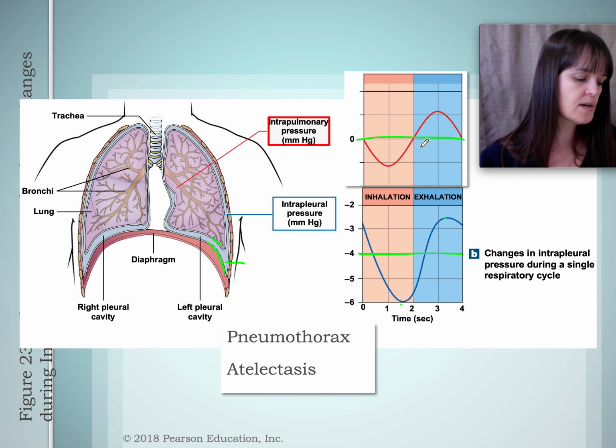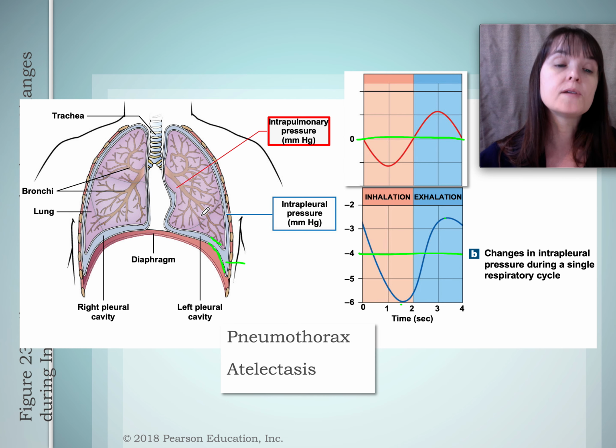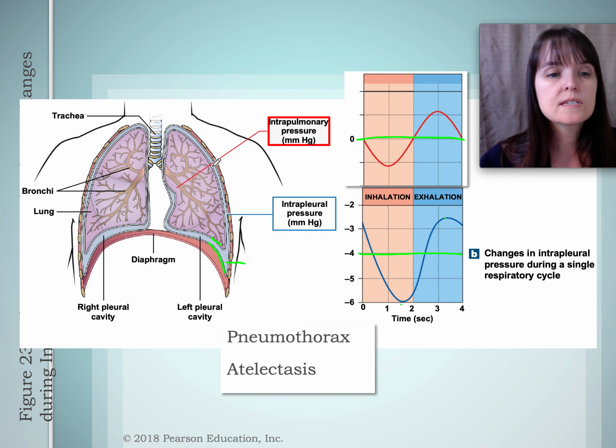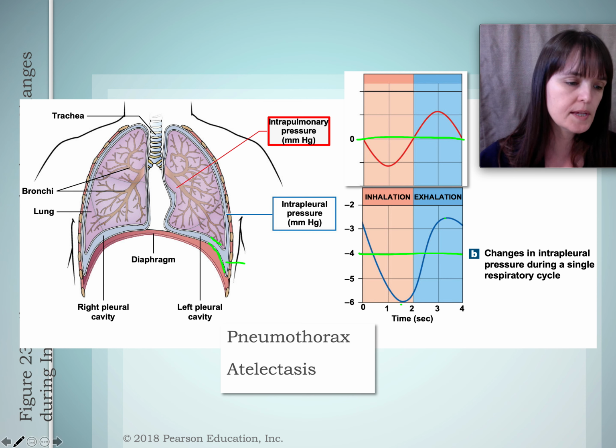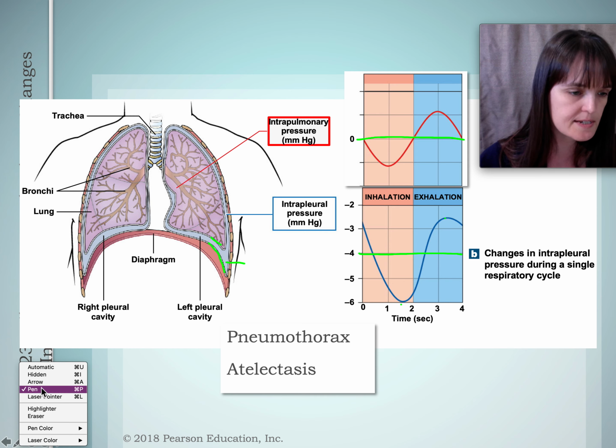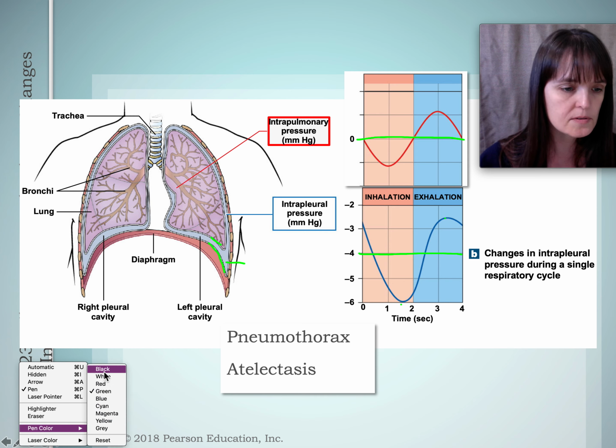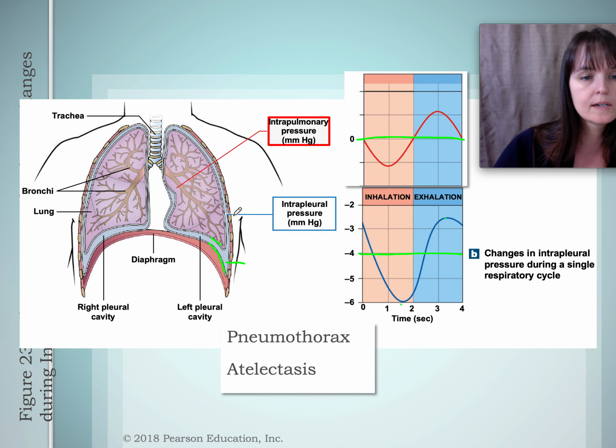What causes the low intrapleural pressure? That's the recoil of the elastic fibers of the lungs. The lungs are stuck up to this edge because of the fluid bond of the pleural fluid. But this is filled with elastic fibers, and the elastic fibers on the model in lab are black.